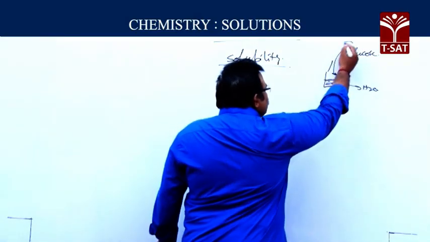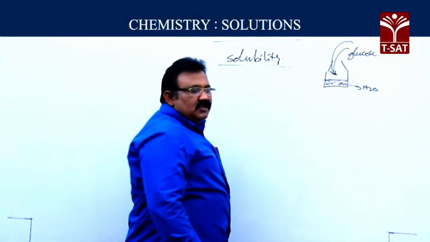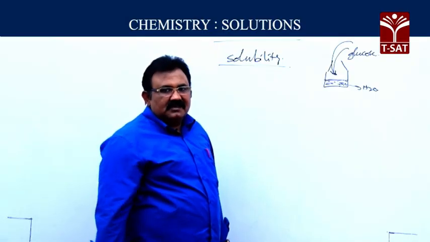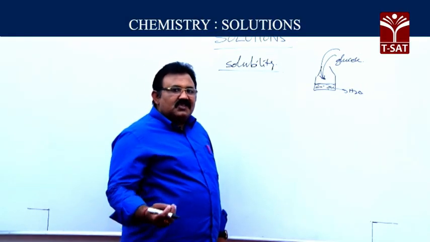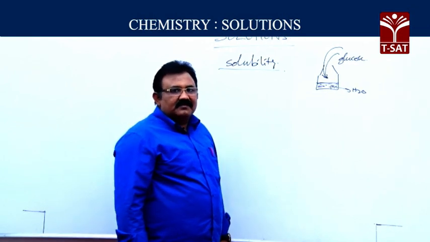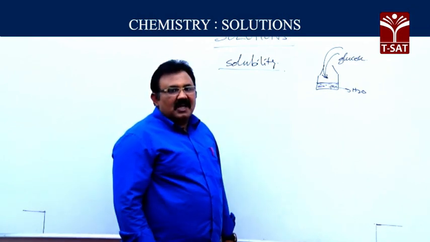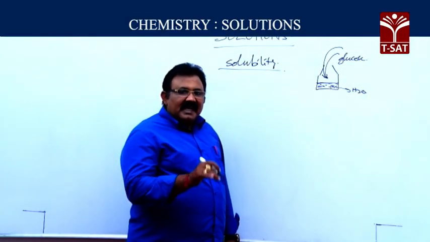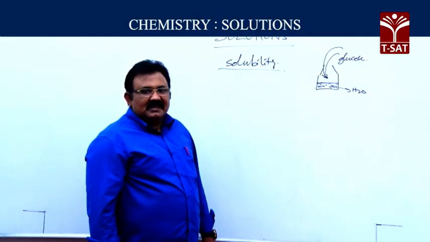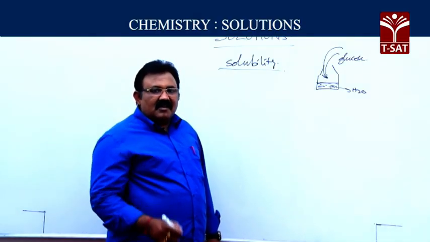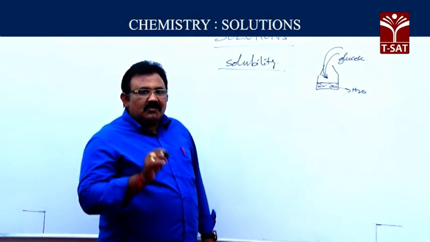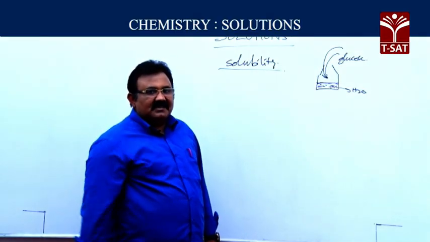If you add still more glucose, it will dissolve up to a certain extent. If still more glucose is added, it won't dissolve. So, in any solvent, if a solid or liquid solute is added, it is soluble to a certain extent.